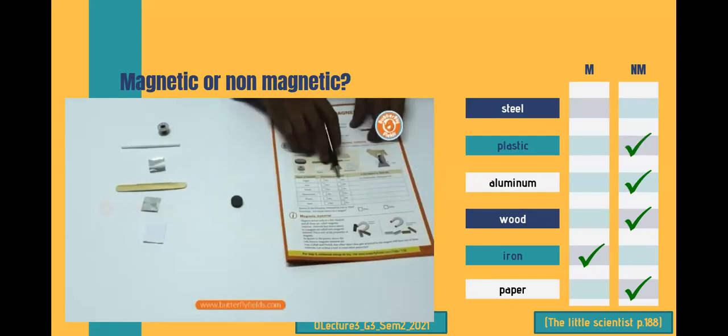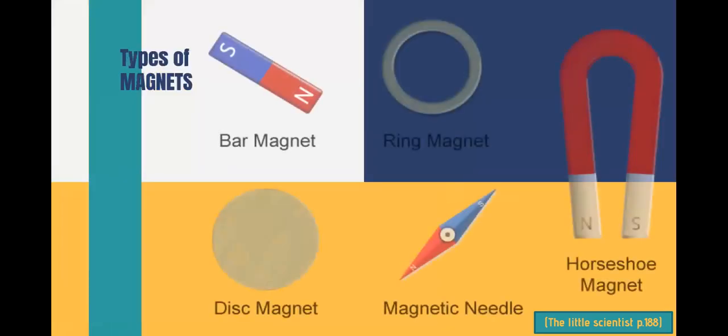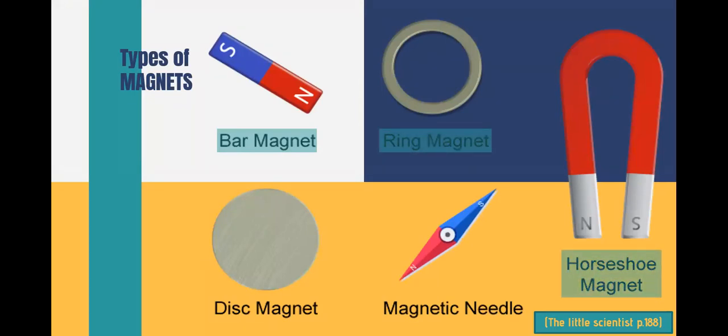Plastic, non-magnetic. Steel, magnetic. There are many types of magnets. Bar magnet, ring magnet, horseshoe magnet, magnetic needle, disc magnet.